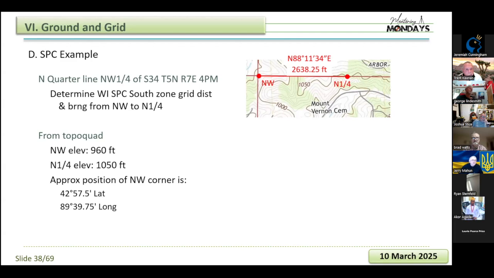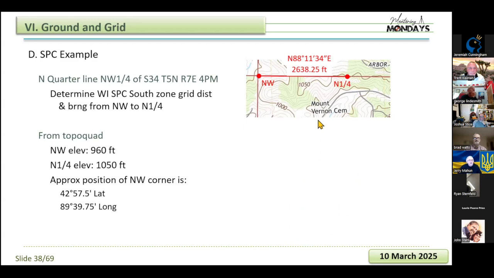I've got a northwest corner and a north quarter corner, and we shot the distance and got 2638.25 feet and a bearing of north 88 degrees 11 minutes 34 seconds east. Let's say that's the geodetic bearing for that line. What we want to do is determine the Wisconsin State Plane Coordinate South Zone grid distance and bearing between those 2 points.